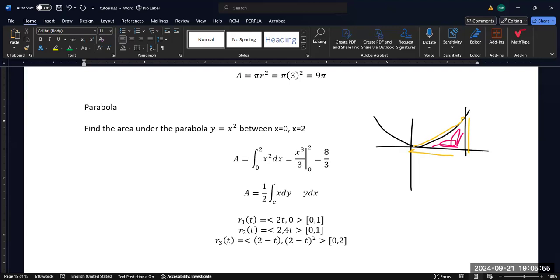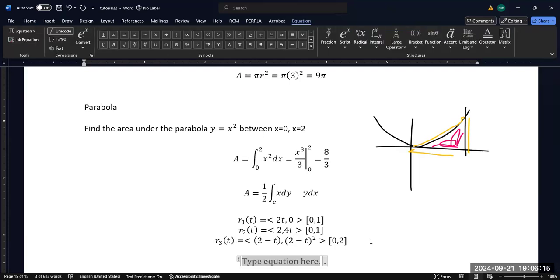Always plug in points to double check to make sure that the math is working. One possible thing that you can do is you can just parameterize this going from 0 to 2 in the standard way, and then what you would do is you would just flip the sign because the orientation is backwards. And so that also works okay.